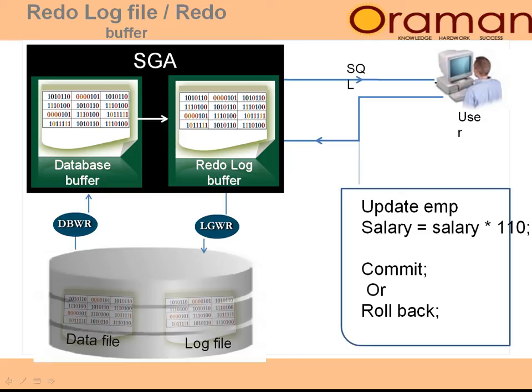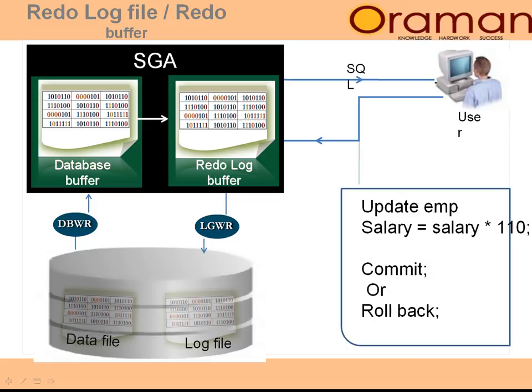If the redo log buffer gets full, the log writer program writes it back to the persistent log file. It's not only in case of full. Even if the user is waiting for a long time, there is another program called the checkpoint program, which is running as a background program again. It will check back after a set of time which you set in your parameter file.